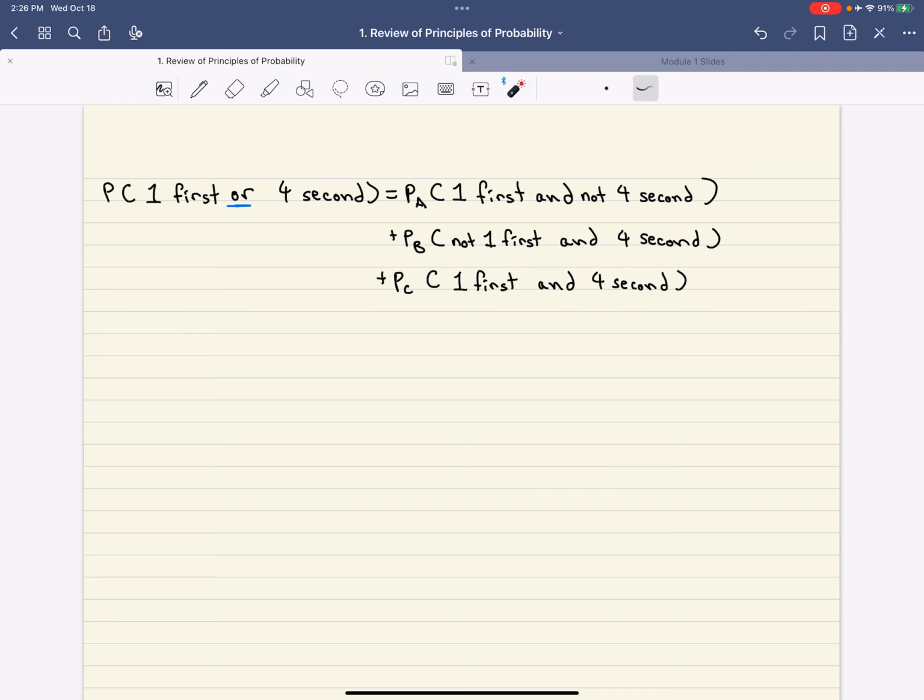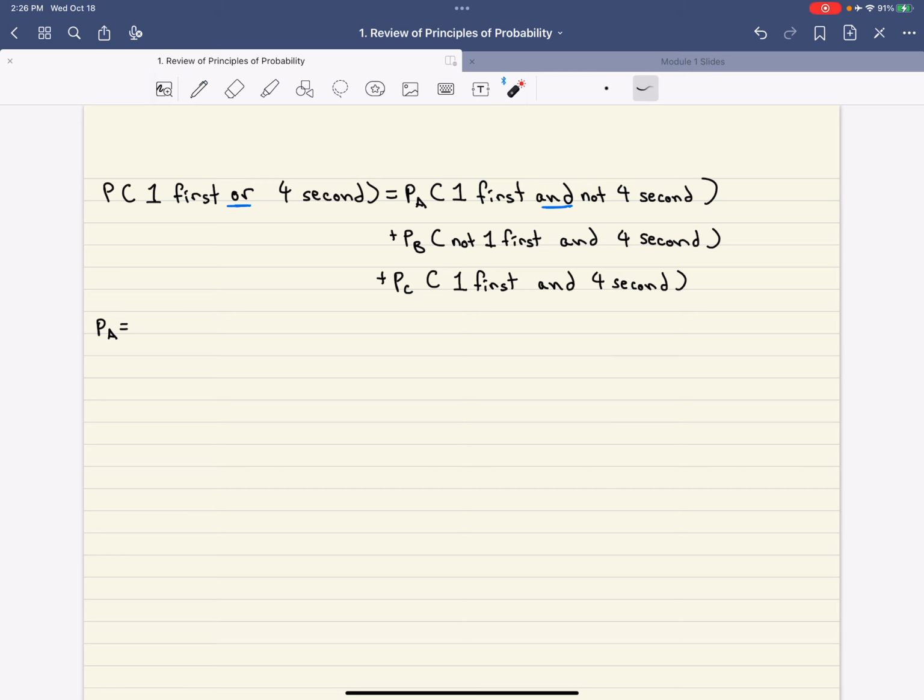And so what we need to do now, using the addition rule, is calculate these individual probabilities. And so for PA, we're looking at the case where we get a 1 on our first roll and not a 4 on the second roll. And so here, we're looking at the case where we have 2 events occurring, right?